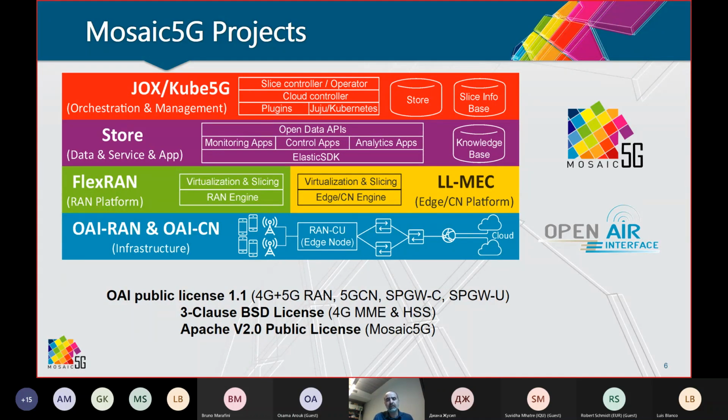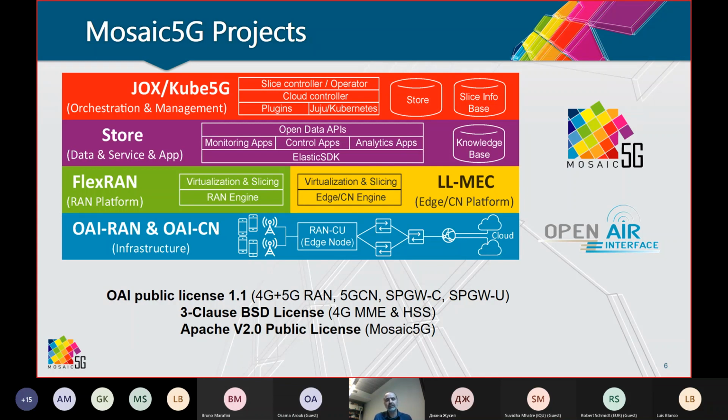LLMEC, low latency multi-access edge computing. This is a platform that provides traffic control, like you can manage the user traffic to redirect it into local or edge services. So some users are served in the local edge or multi-access edge platform, and some others get served by the backend. This also acts as a core network controller.